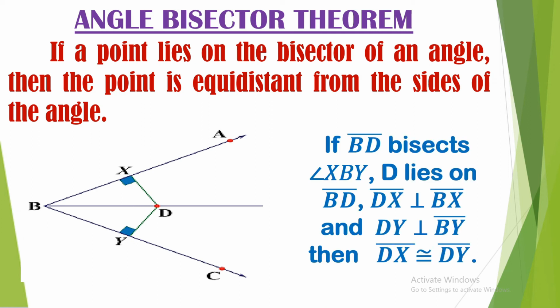So if segment BD bisects angle XBY, and point D lies on segment BD, which is the bisector, and DX is perpendicular to segment BX, and segment DY is perpendicular to segment BY, then segment DX is congruent to segment DY. That's the angle bisector theorem.